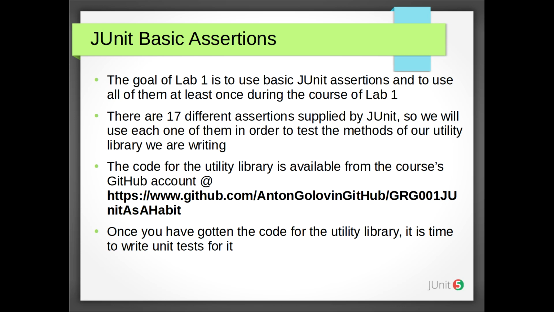So at this point, at Lab 1 overview, you should already have downloaded everything, configured everything, installed the project, and you should at this point be ready to get started. So once you have gotten the code for the utility library, it is time to write unit tests for it, which we will do now in lab number 1.